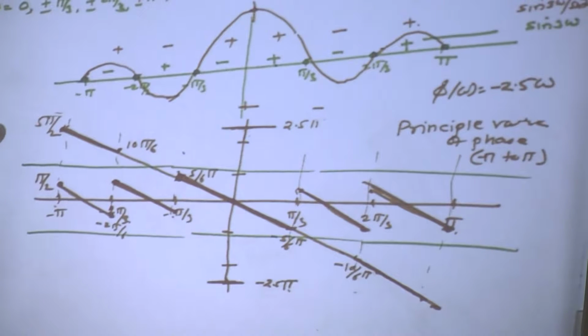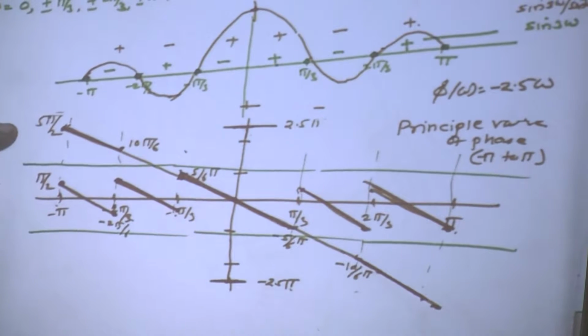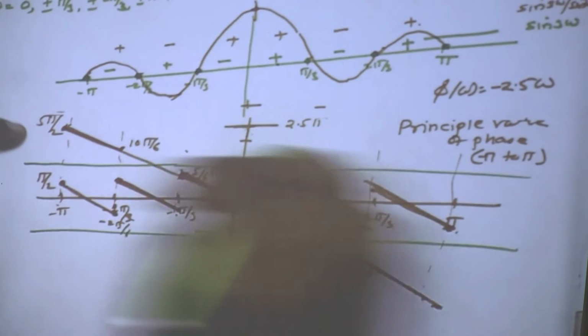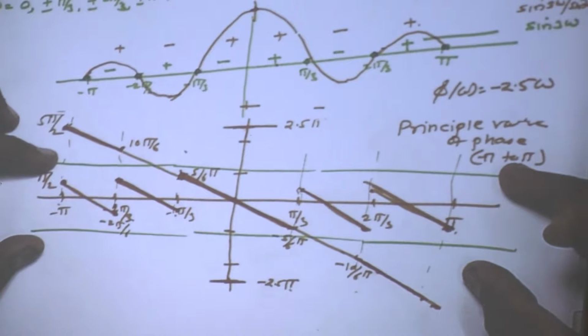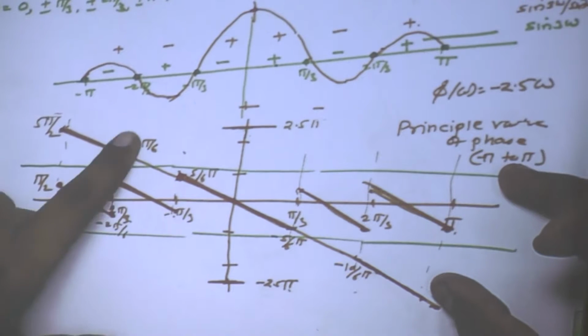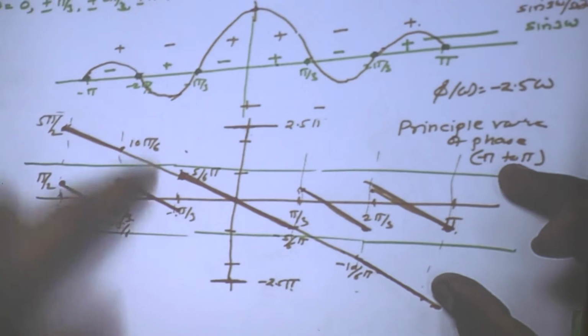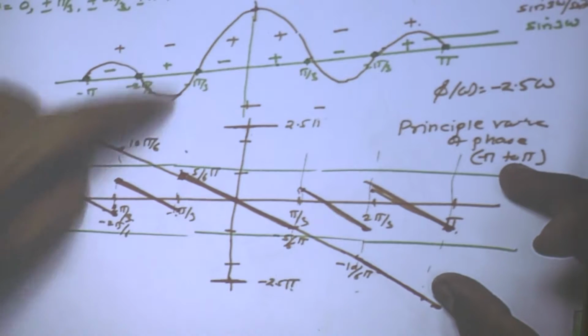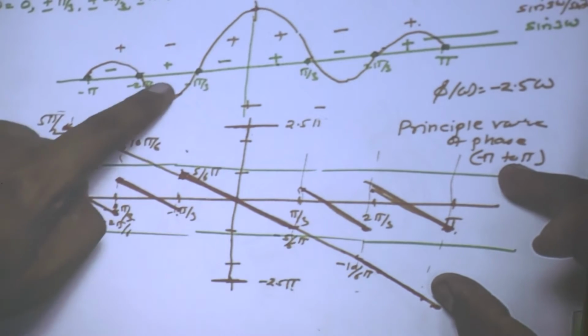Did I make it clear? The phase value, how to plot the phase? Phase values are supposed to be only in the range of minus pi to plus pi. Whenever it exceeds, automatically, the first adjustment was due to negative magnitude.